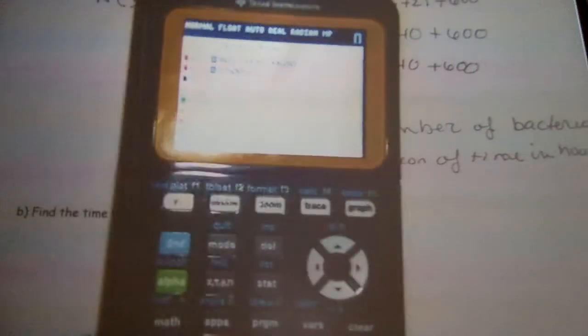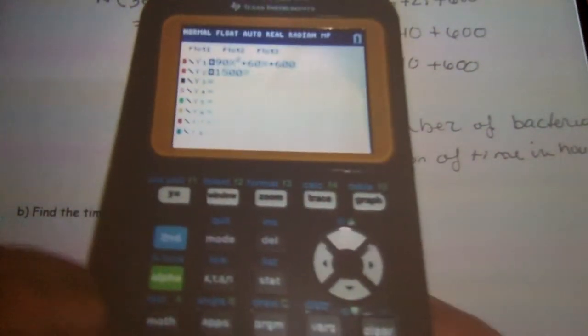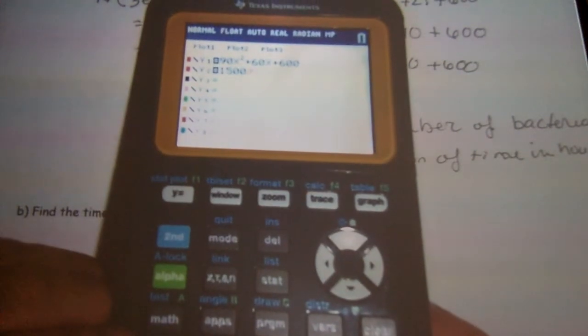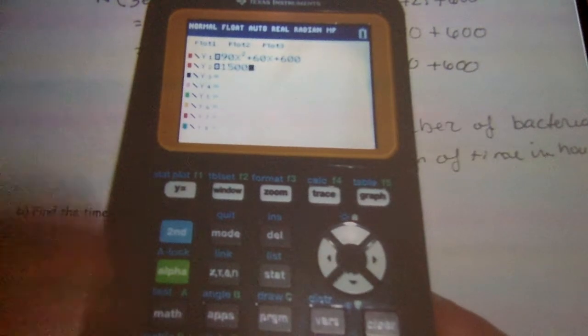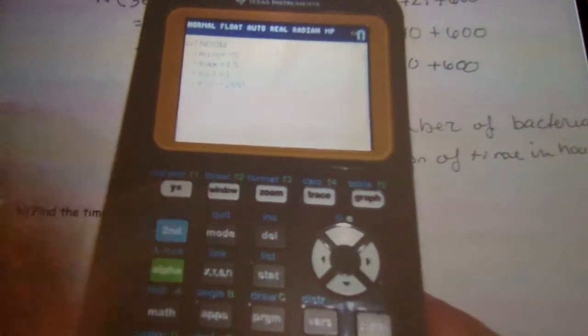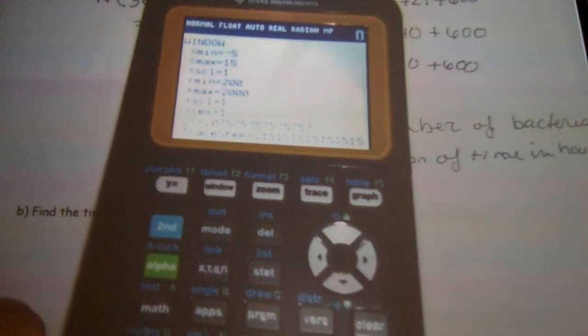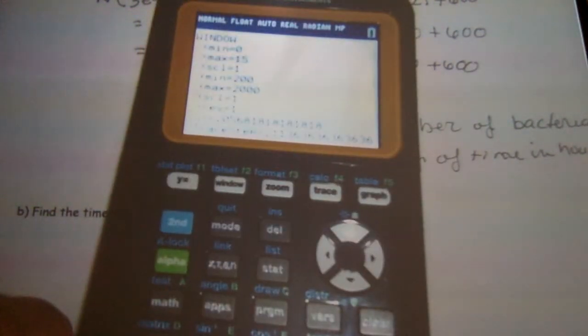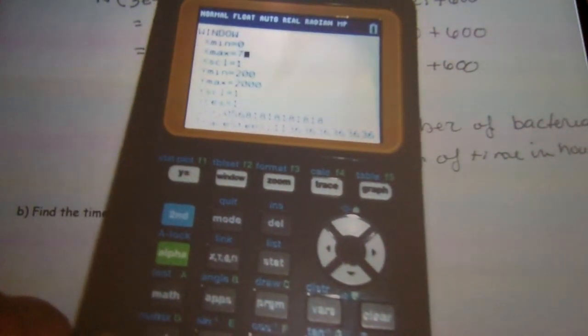Now before we hit graph, we're going to have to change the window. Now we know that time is between what? Up here at the original problem, it says between 0 and 6. So we're going to make our x minimum 0. Let's make our x maximum 7, just so we can see everything we need to.